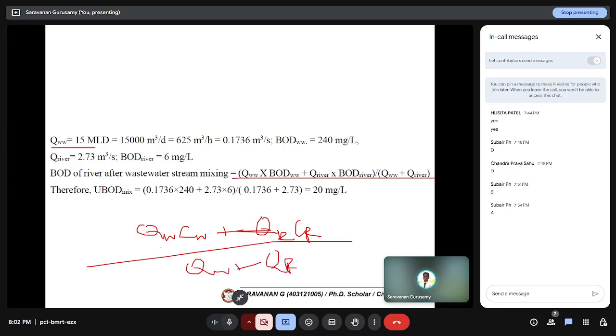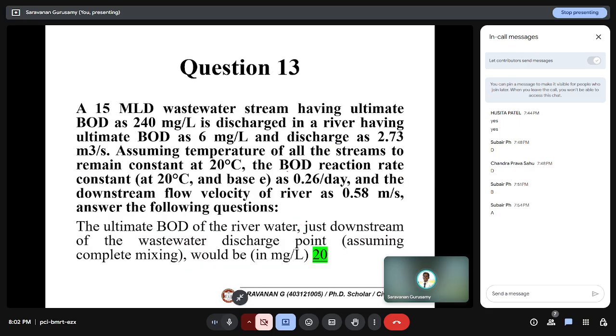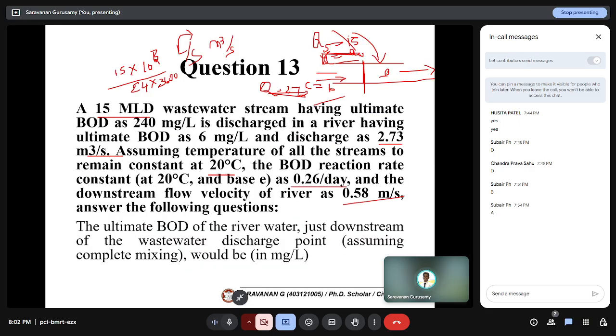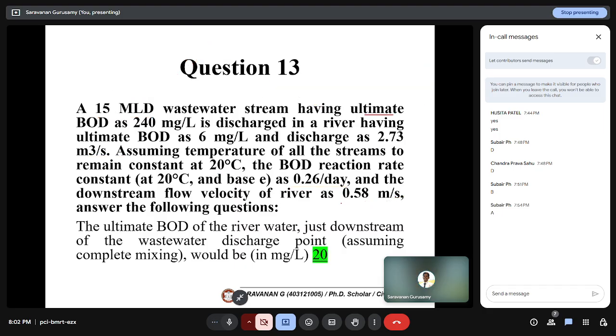But all the Q values should be in the same unit. Converted, it's 0.1736. Then 240, 2.736 divided by total flow will be 20 milligram per liter, which will be my ultimate BOD because they are given all as ultimate BOD. Here there is ultimate BOD, here there is ultimate BOD, then the mixed ultimate BOD we have identified.